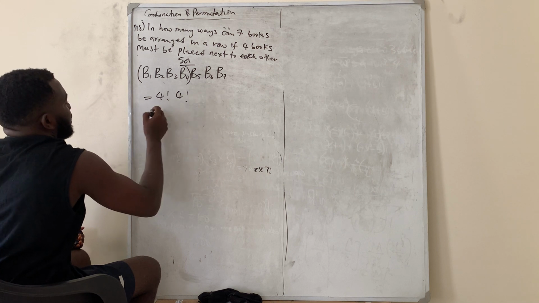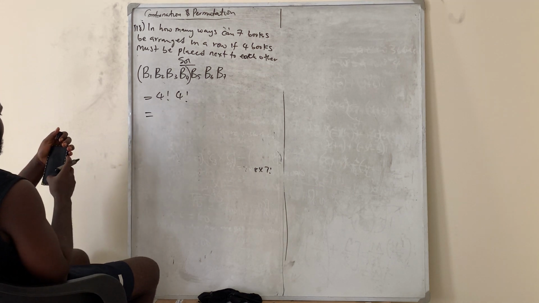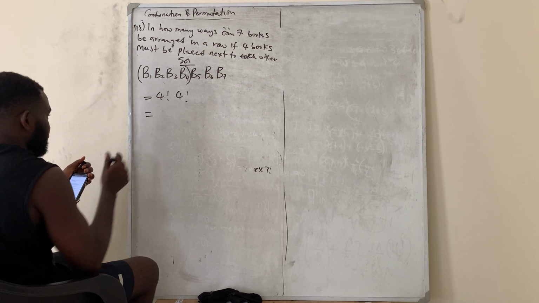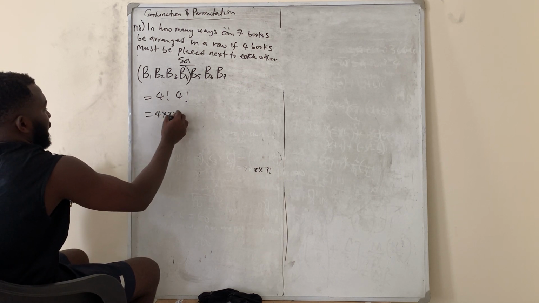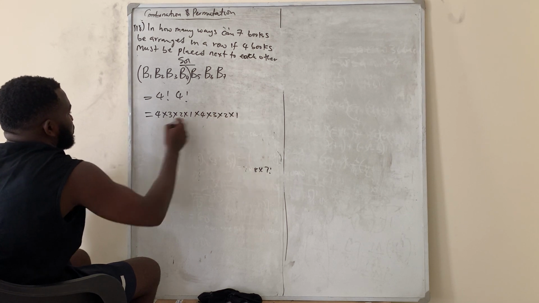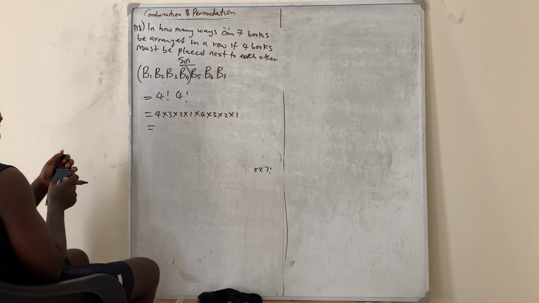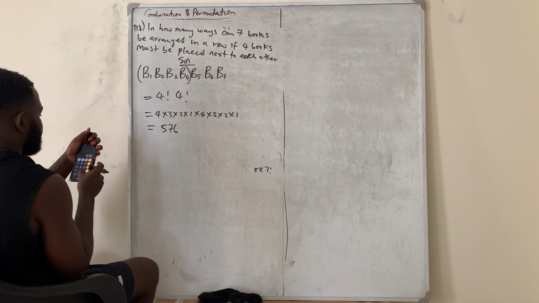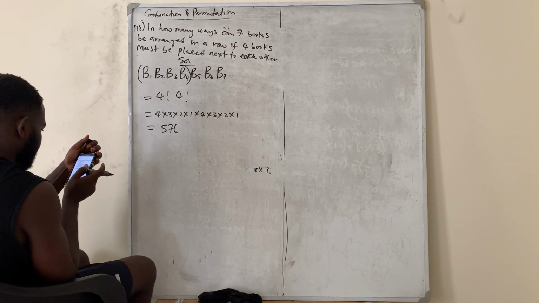That's another 4 factorial. So which is 4 factorial times 4 factorial. Let's check: 4 times 3 times 2 times 1 times 4 times 3 times 2 times 1. So I have 576. So 576 is the correct answer there.